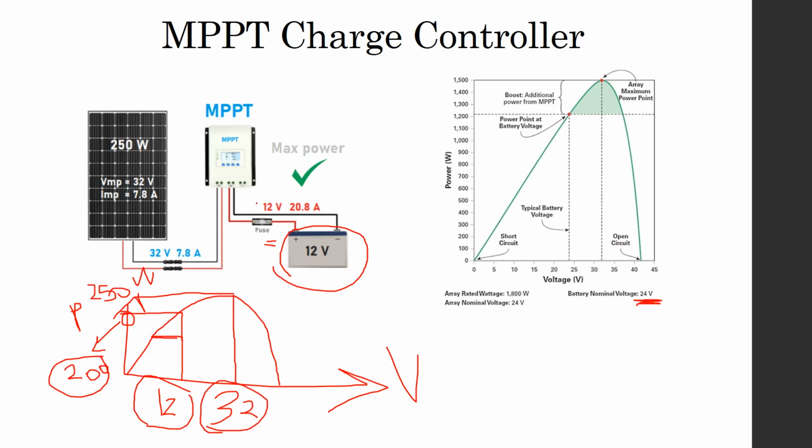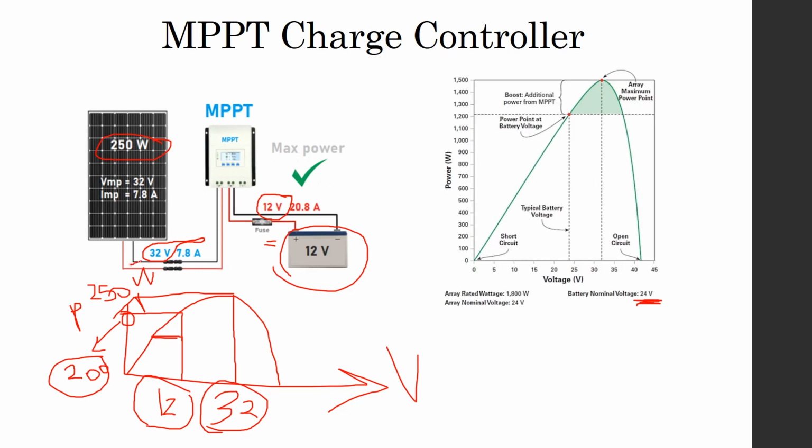So the maximum power point tracking takes that 12 volt here and converts it as the input to 32 volt in order to get the maximum power of 250 watt. It takes that 12 volt and changes its own duty cycle in order to get 32 volt as the input.